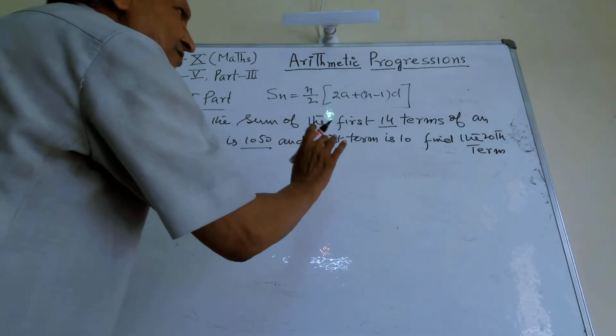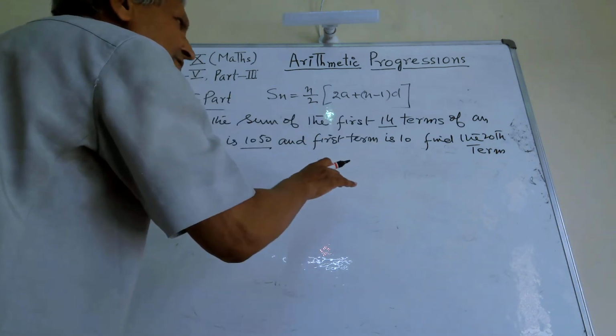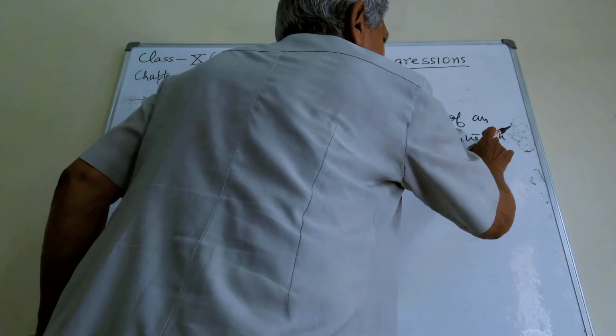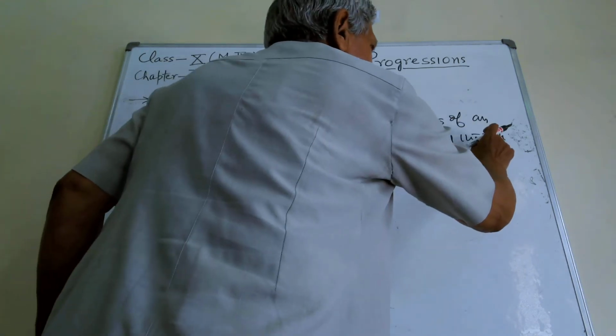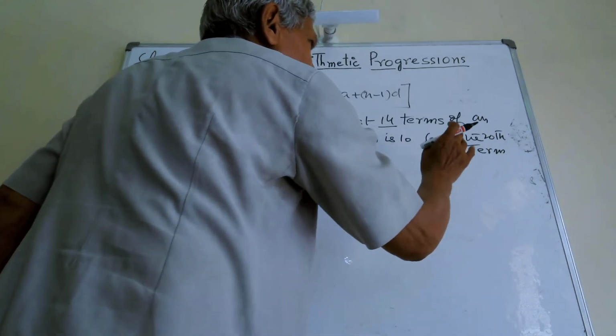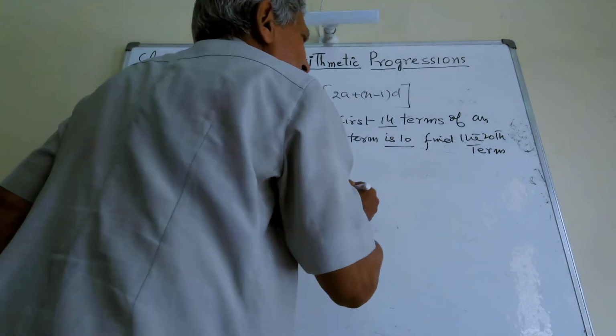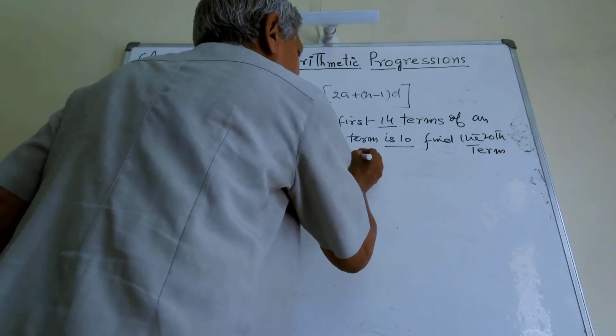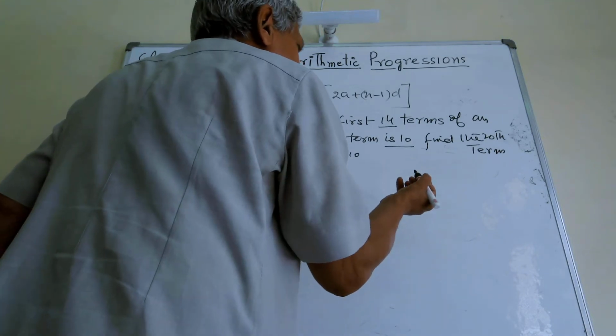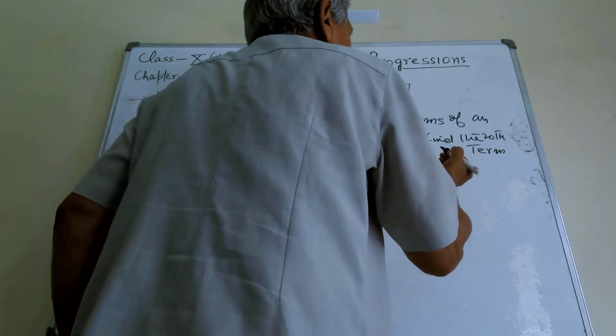Neither the series is given nor d. How will you find the 20th term? In the 20th term there will be a need of a and d. a is given, a is equal to 10, but d is not. So we have to find d first from this formula.